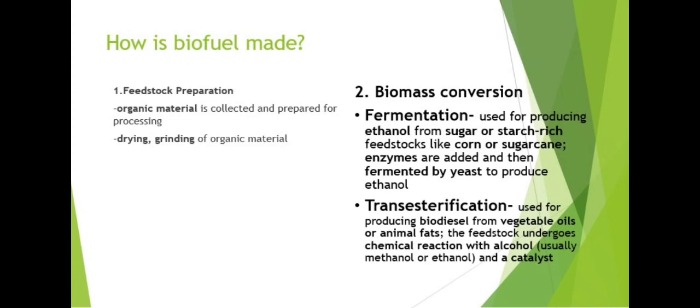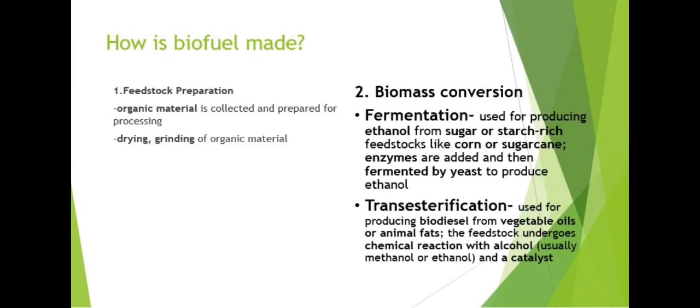Organic material is collected and prepared for processing, and it includes drying and grinding of organic material. Second, biomass conversion. For example, fermentation, used for producing ethanol from sugar or starch-rich feedstocks like corn or sugarcane. Enzymes are added and then fermented by yeast to produce ethanol.